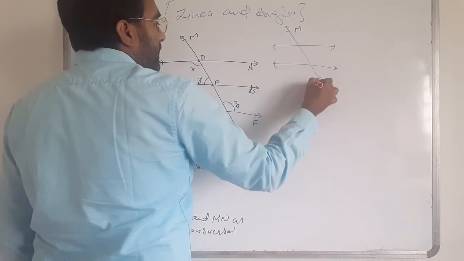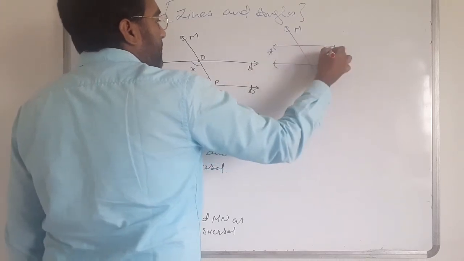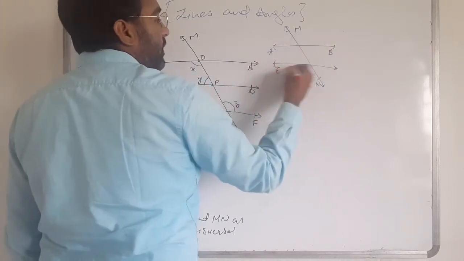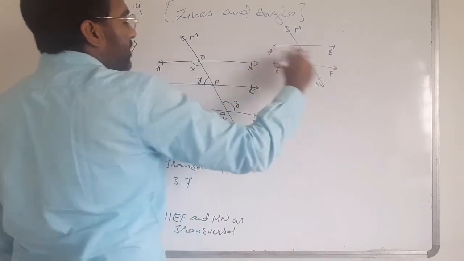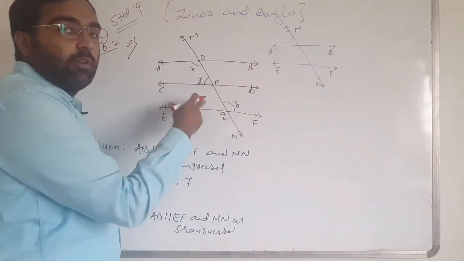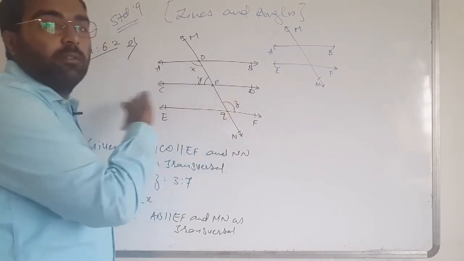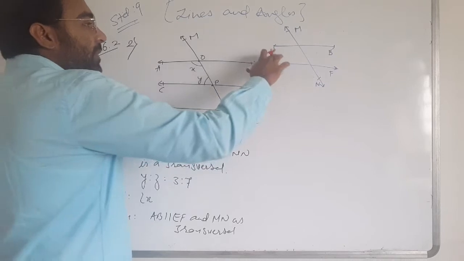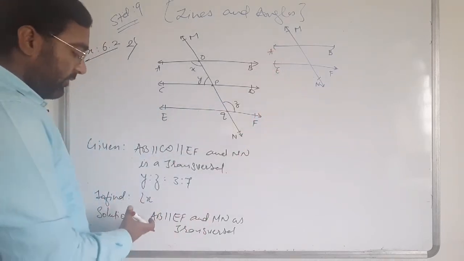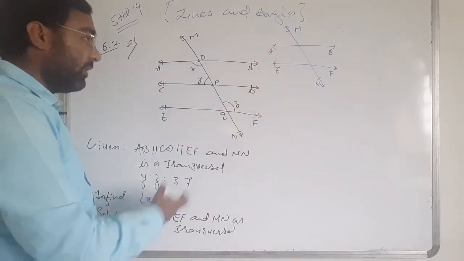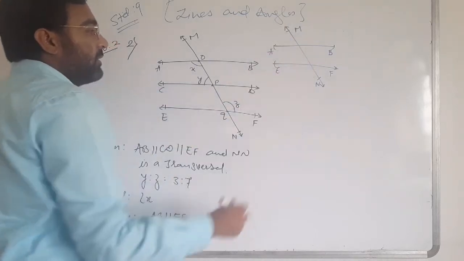Here is my M, here is my N, and AB is parallel to EF. The middle line, CD, I remove from the figure. So I write AB parallel to EF and MN is a transversal.